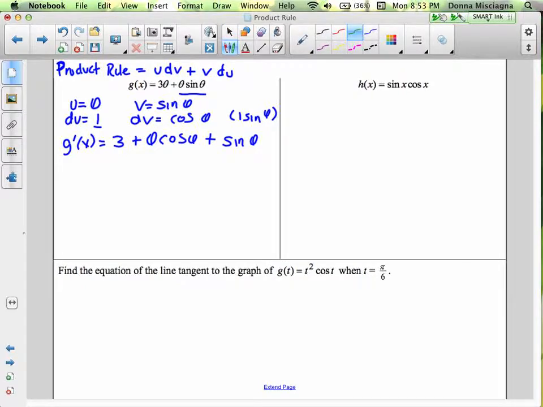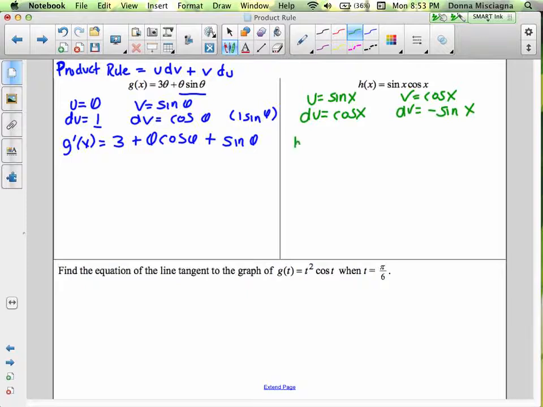All right, so h of x is equal to sine x times cosine x. So u is sine x and v is cosine x. Derivative of sine x, that's cosine x. Derivative of cosine x, that's negative sine x. Got lots of sines and cosines there.